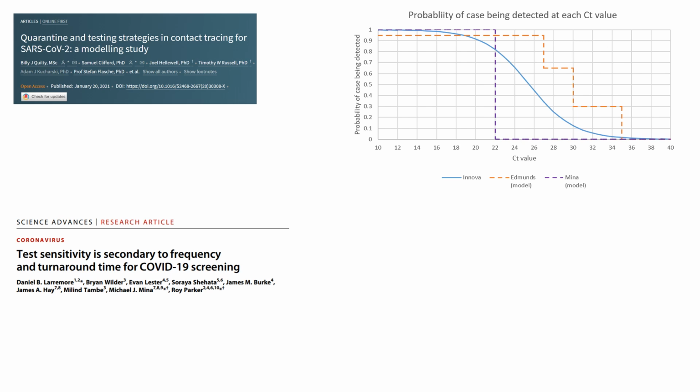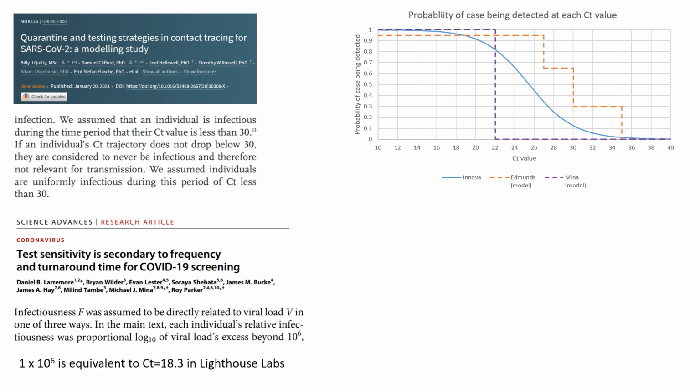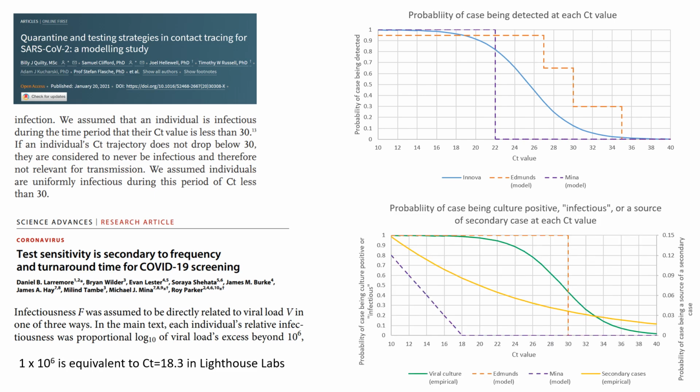The key problem though with these models is in their transmission or infectiousness functions. This is the picture here. So the orange dashed line is from the Edmunds model, who presumed that everybody with a CT value less than 30 was infectious, overestimating infectiousness in those first few values, but then nobody with a CT value above 30 could be infectious, so they miss off the tail.